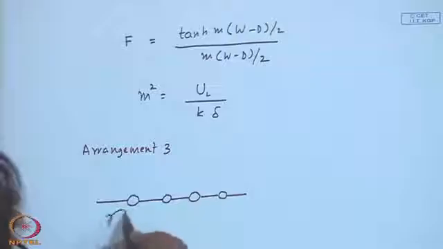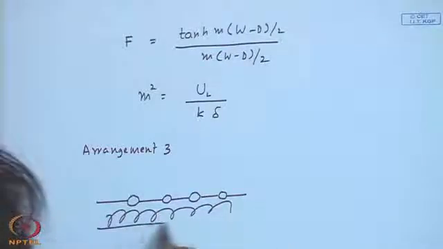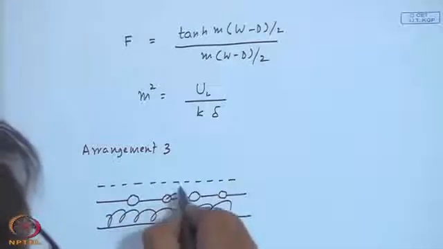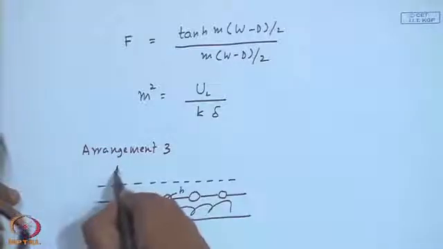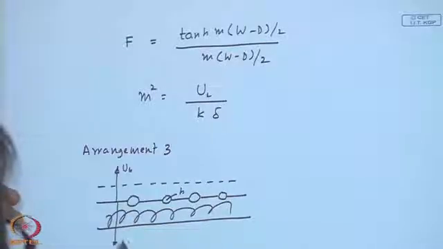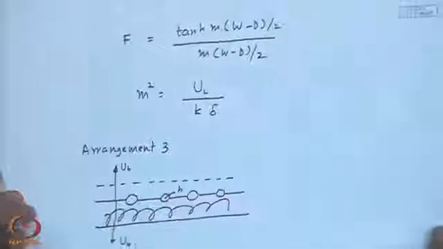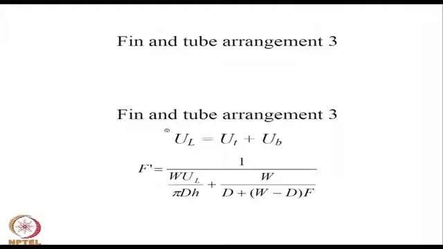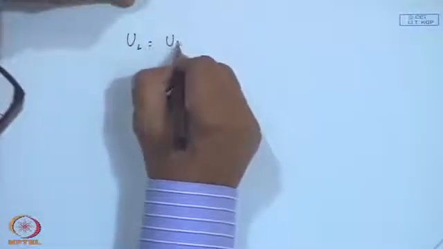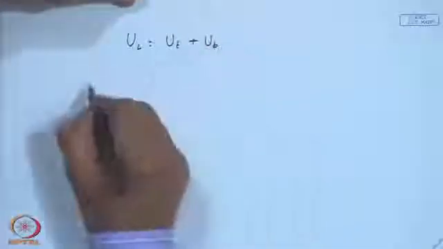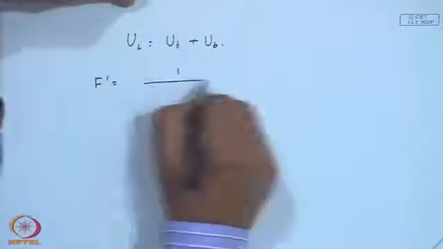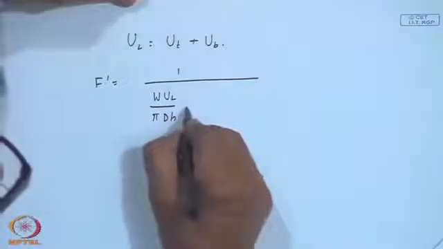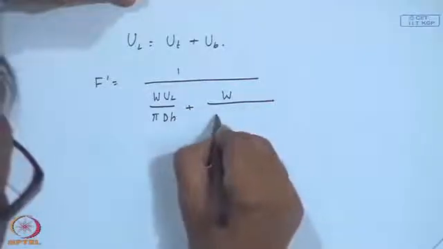It may have 1 or 2 glass covers, and there is a heat transfer coefficient h, and of course, U T and U B. If you have this arrangement, U L is, though it is obvious, we will write it, because there are cases when it is not, and F dashed is 1 upon W U L by (pi d h plus W by (d plus (W minus d) into F)).